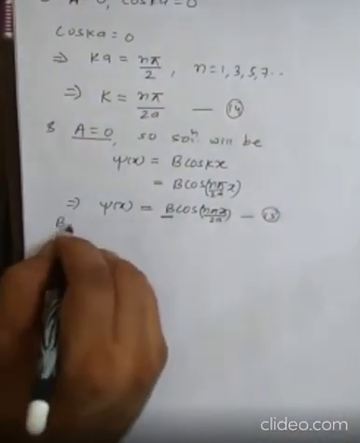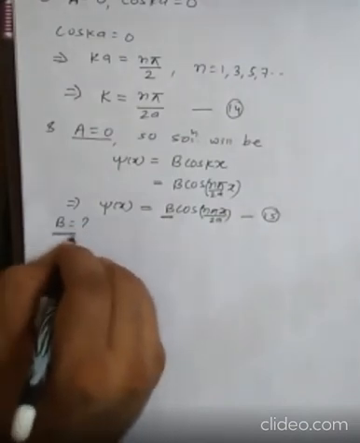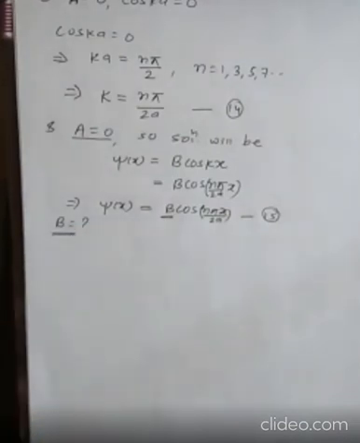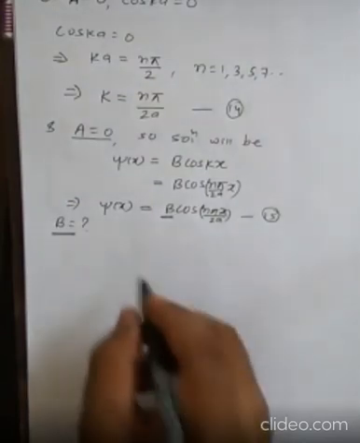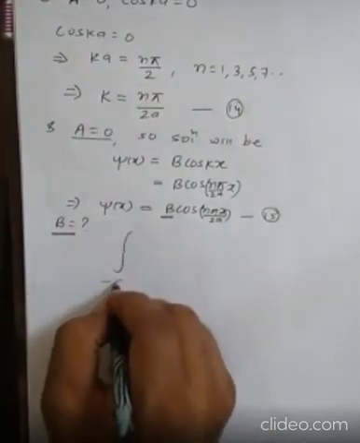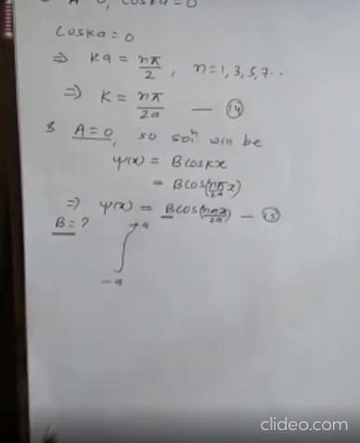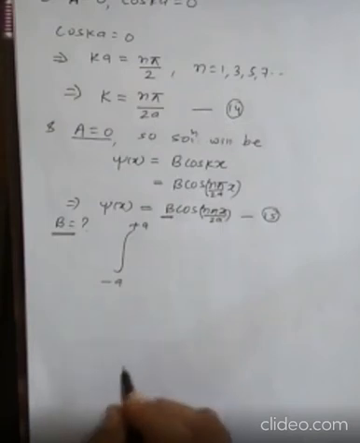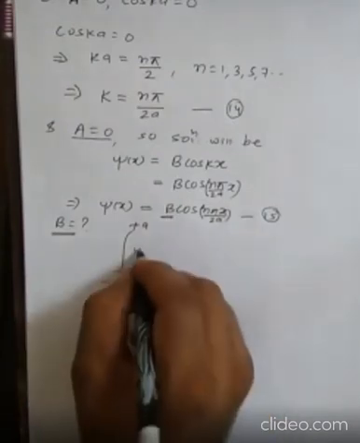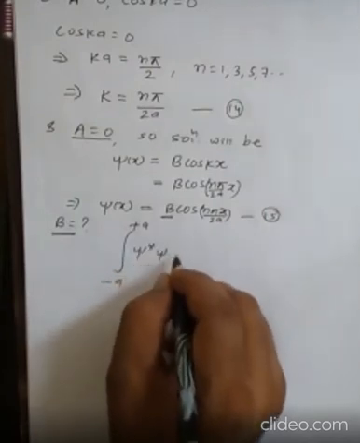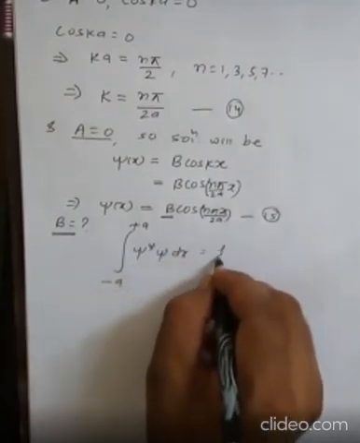Now what is this constant b? I can use the normalization condition to get the constant b. The probability of finding the particle between both boundaries, from x equal to minus a to x equal to plus a, is always 1.